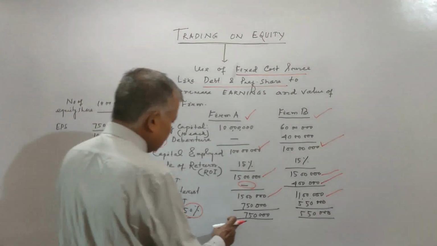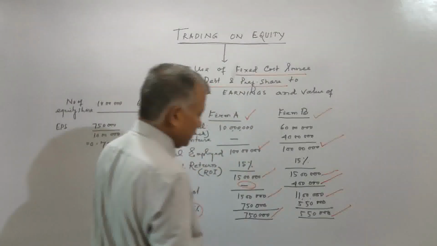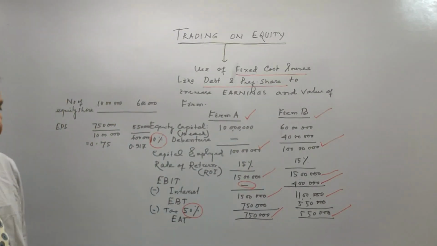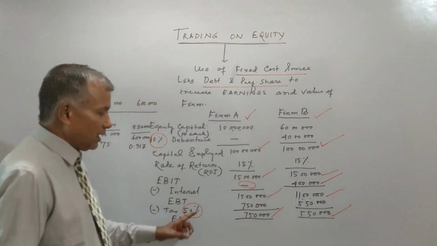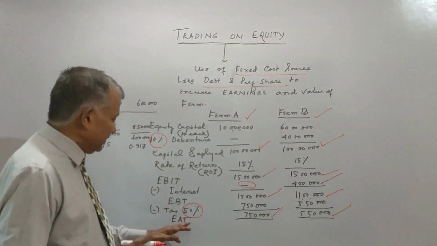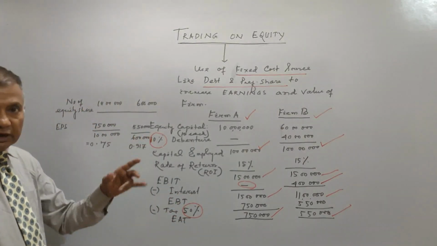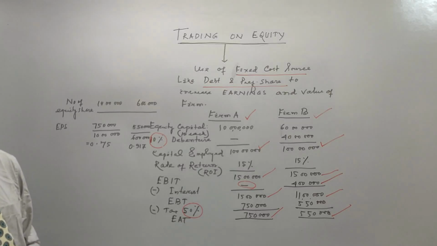And earnings after tax is 7 lakh 50,000 and 5 lakh 50,000, right? This earning after tax is available for distribution to equity shareholders.